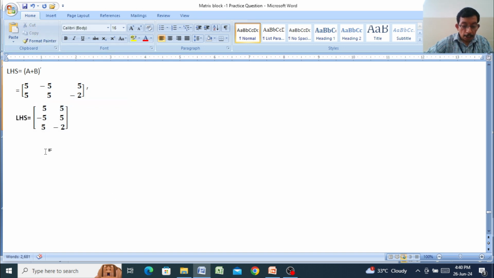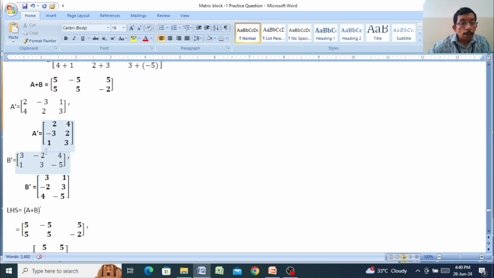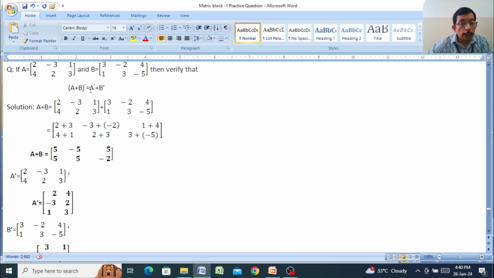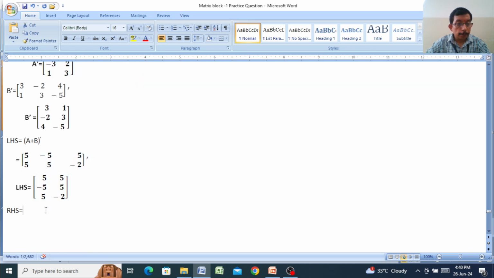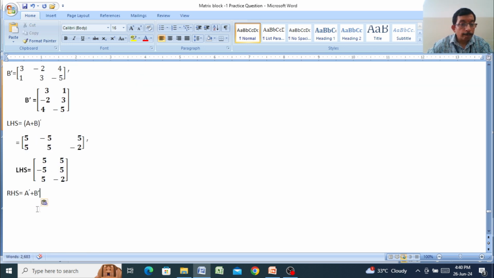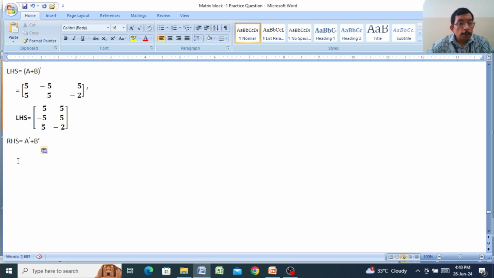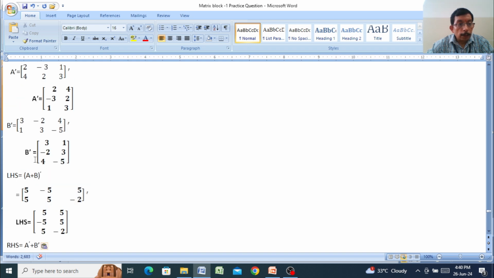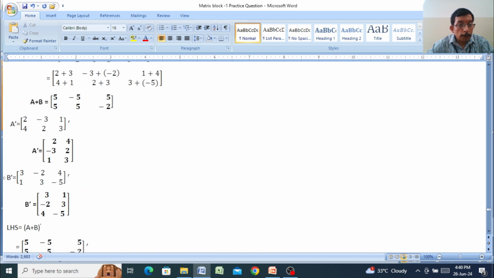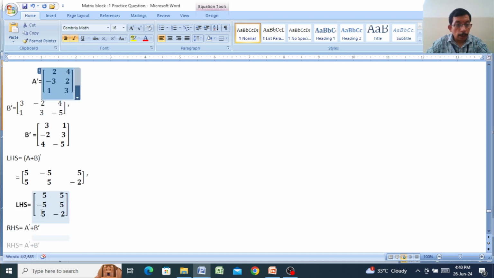Now we take RHS, right hand side. What is the RHS side? Transpose of A plus transpose of B. Transpose of A is also found out here. Note this down and write down here.